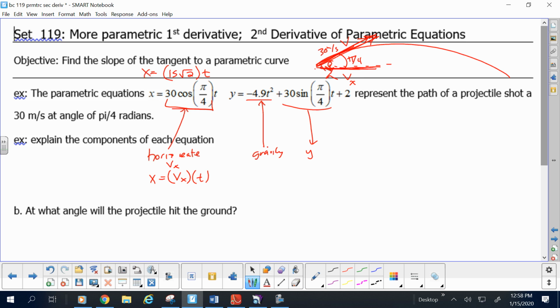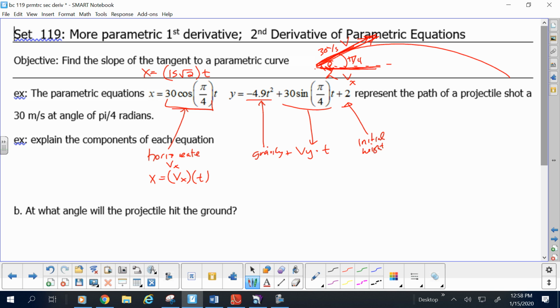That's the vertical component of the velocity times time. And what do you reckon that 2 is, though it's not in the word problem? What do you think it's a reference to? That's the initial height at time 0. That's redundant, I guess, but you get the idea. The initial height must have been 2 meters. So there are 3 parts to the height.